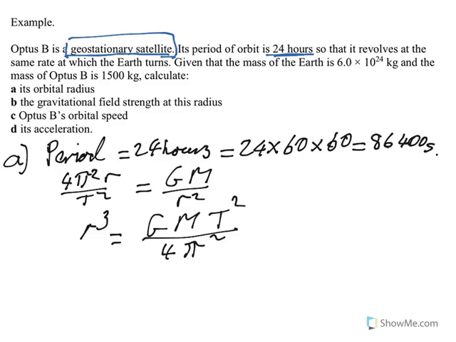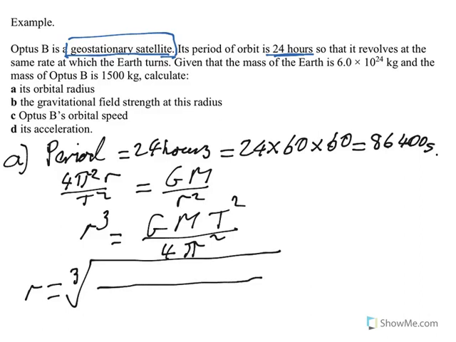So then to get r, we need to take the cube root of all of that stuff. As I said, it's a little bit more complicated. It's just a little bit of mucking around, that's all. So 6.67 by 10 to the minus 11 for big G. The mass of the Earth, you're told up the top there, is 6.0 by 10 to the 24.